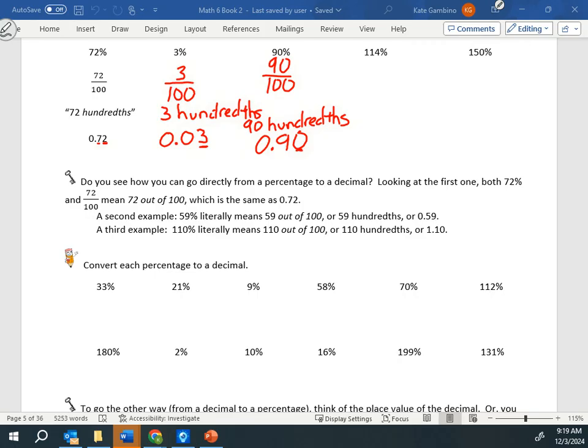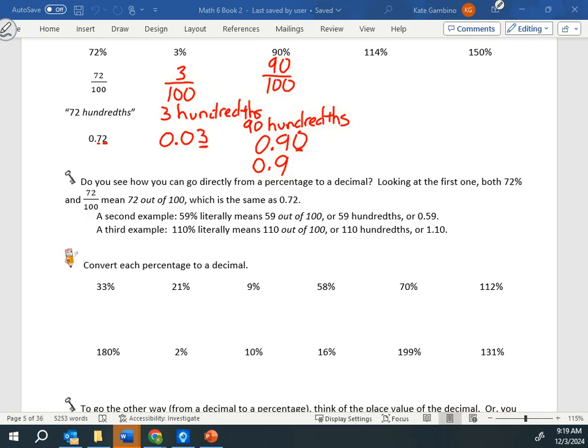Now, I always have some friends that say, well, can we do 0.9? Do we have to put the 0 in the hundredths place? They are the same value. It means the same amount. So you could write 0.90, you could write 0.9. Both of them would be correct. So I'm okay with you writing it either way.